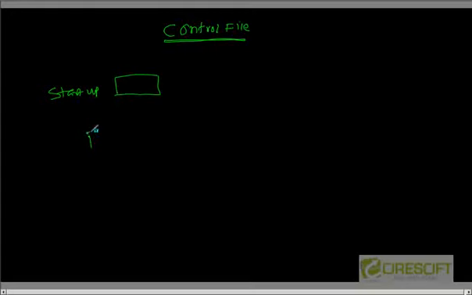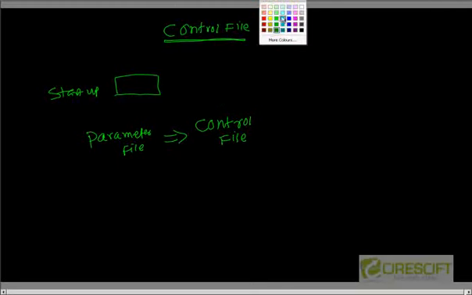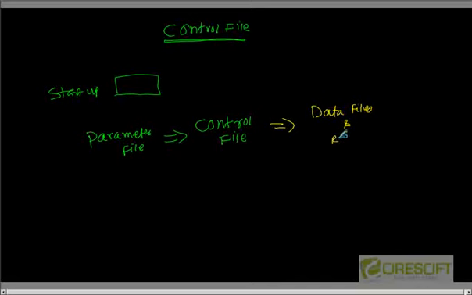So the parameter file tells where your control file is, and then this control file tells where your data files and redo log files are. That is how the Oracle database knows which data files and which redo log files are going to be opened.